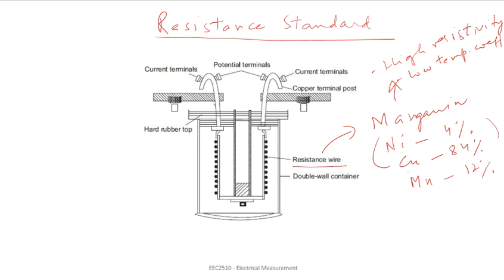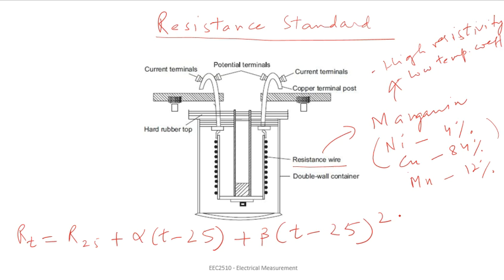The resistance of the standard at any temperature T can be given by this equation: RT equals R25 plus alpha (T minus 25) plus beta (T minus 25) whole square.